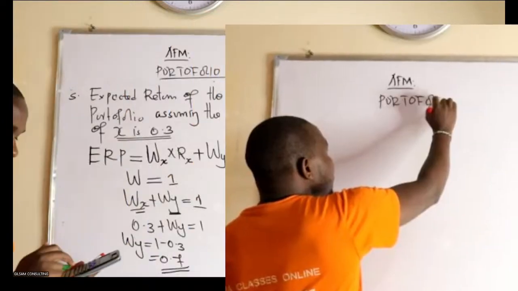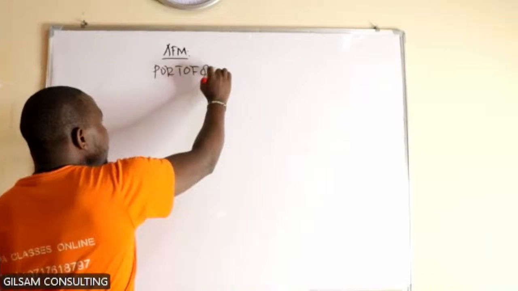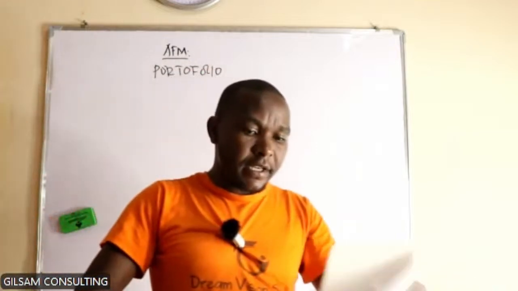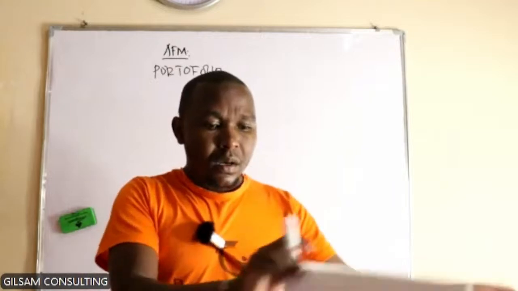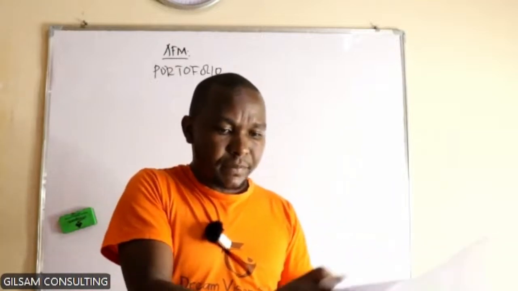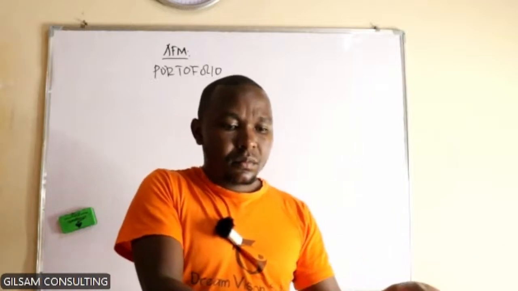So 16 times 0.3 plus 31 times 0.7 gives 91.6. You write that under portfolio analysis. That is the expected return. That is number 5.